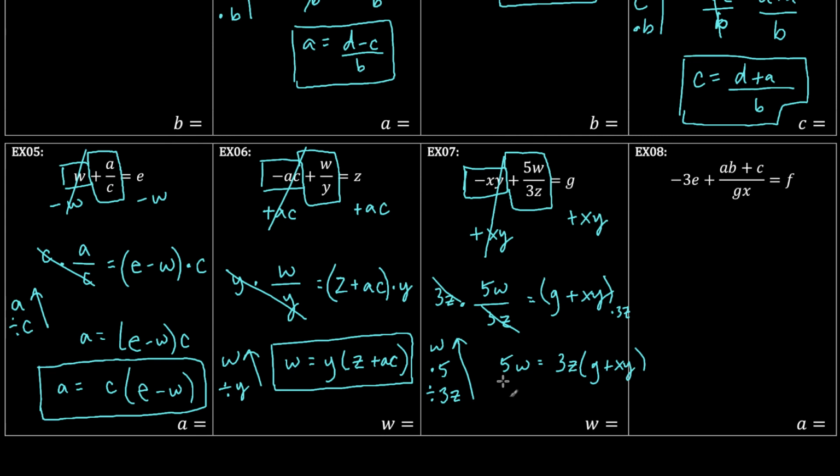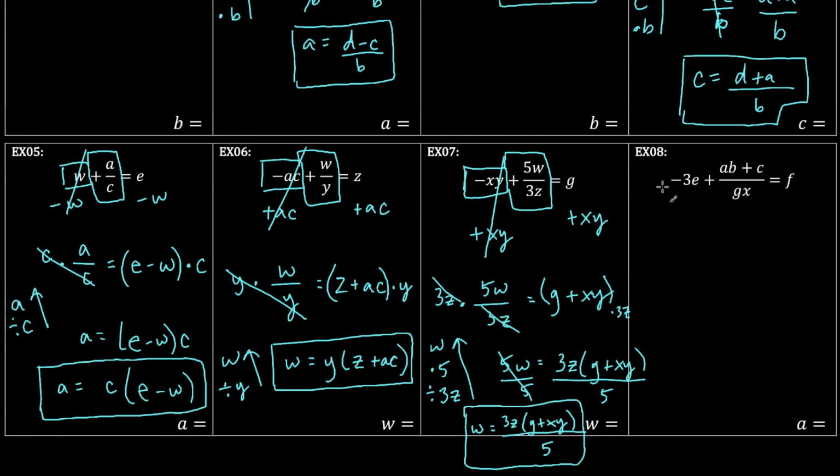Then I need to divide by 5, and I get w equals 3z times g plus xy, all over 5. This is my answer right here.